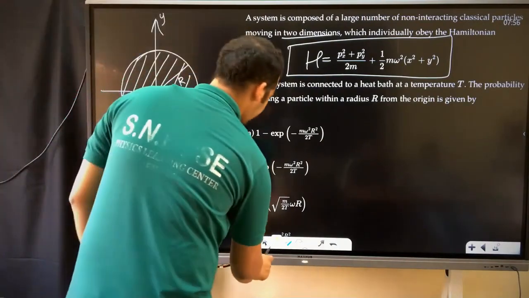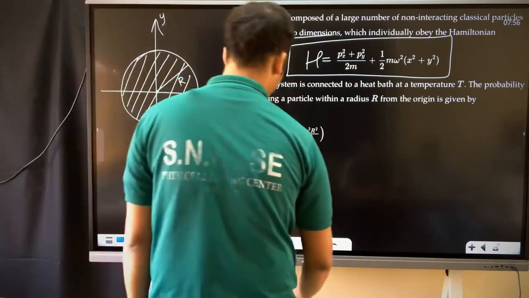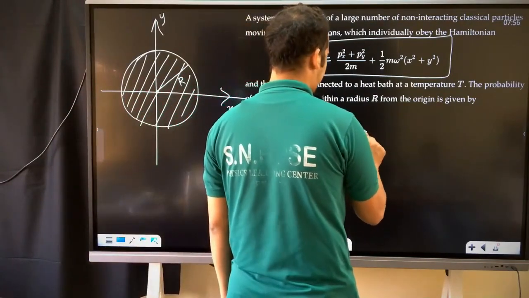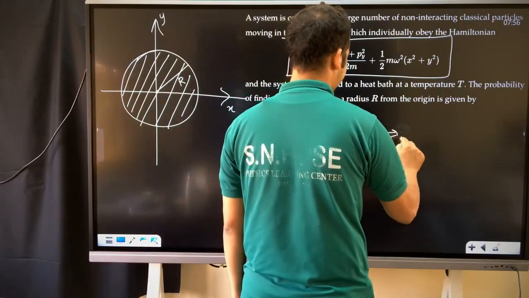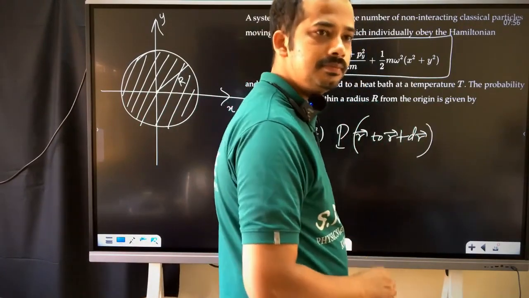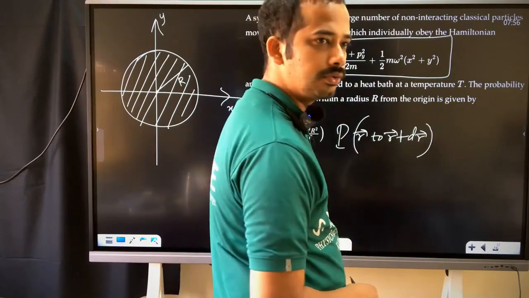Now, how do you do this one? You know the probability of finding the particle from r to r plus dr, irrespective of momentum. How do you do this one?